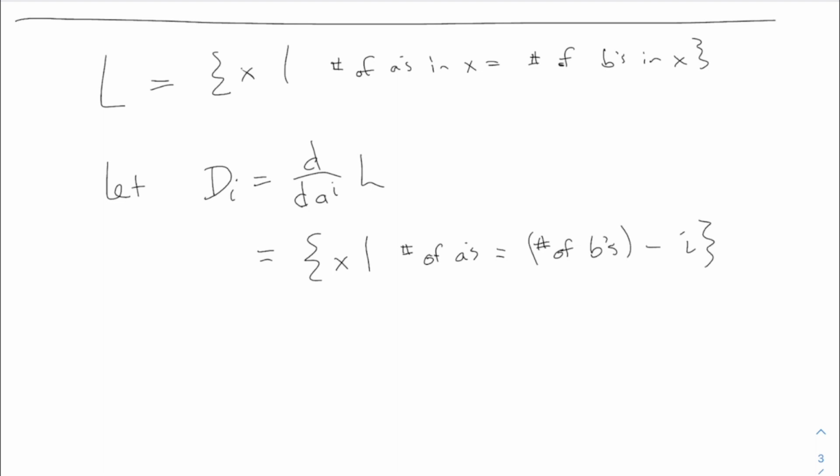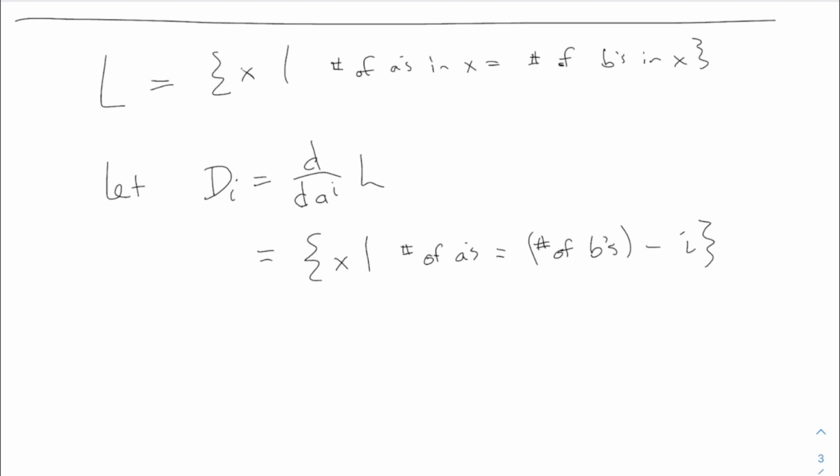I think this is a little confusing to get right. Should I have minus i over here or minus i over here? I think they used to be the same, but then I took away some of the A's. So now the number of A's is less than the number of B's, specifically i less than the number of B's. Yeah, I think I agree.